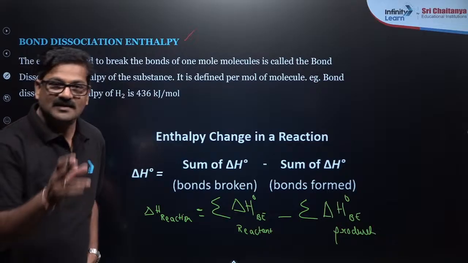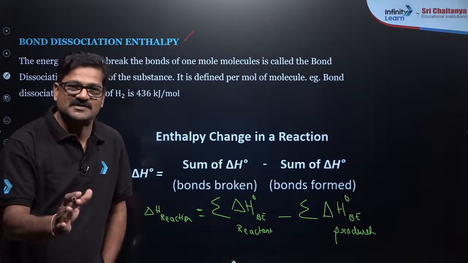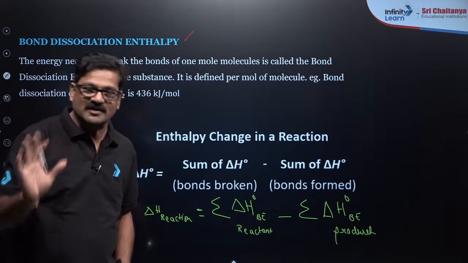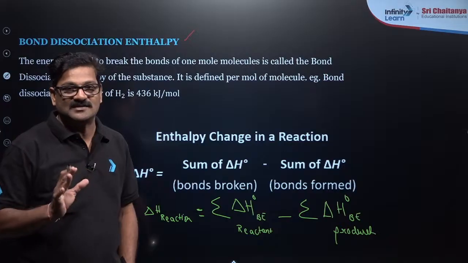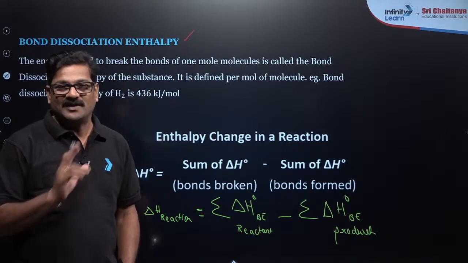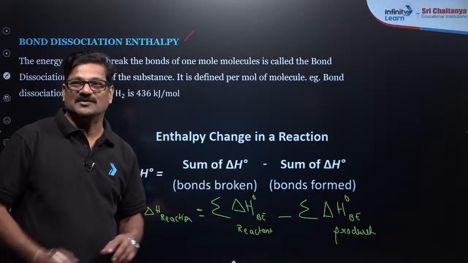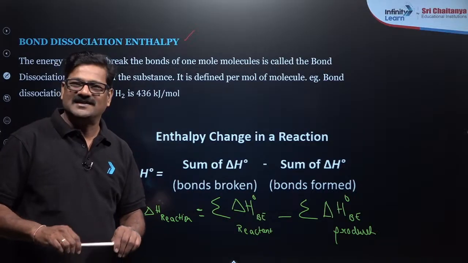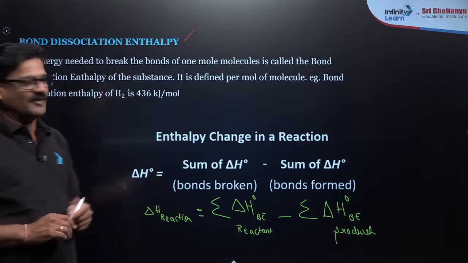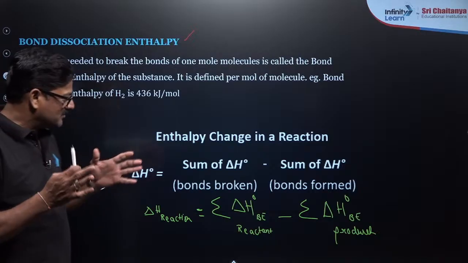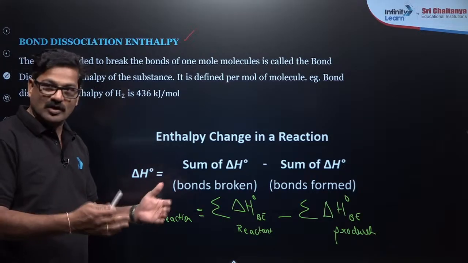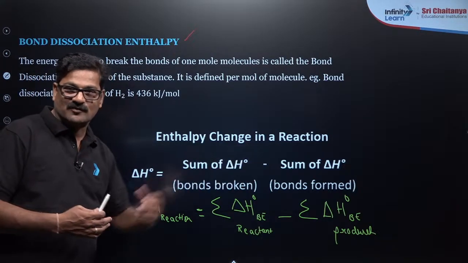Dear children, always in thermochemistry, in all of thermodynamics, it will be product minus reactant. But in the case of bond energy, it will be reactant minus product, and that is the only exception you can see. Why? Because during the course of the reaction, old bonds are broken and new bonds are formed.